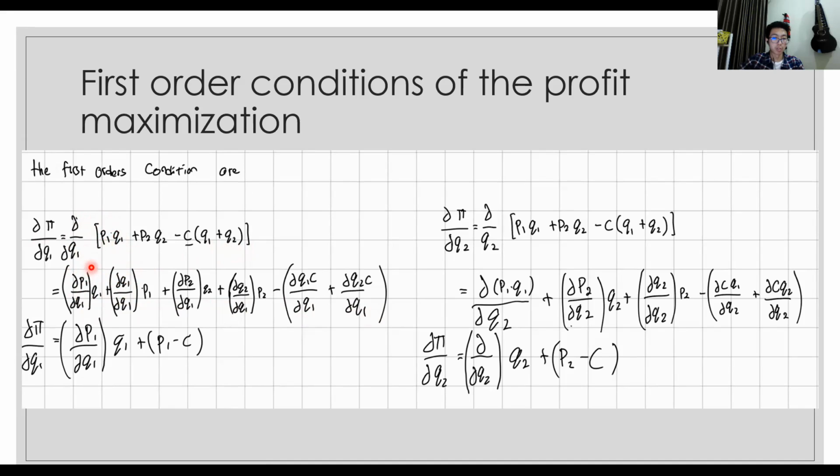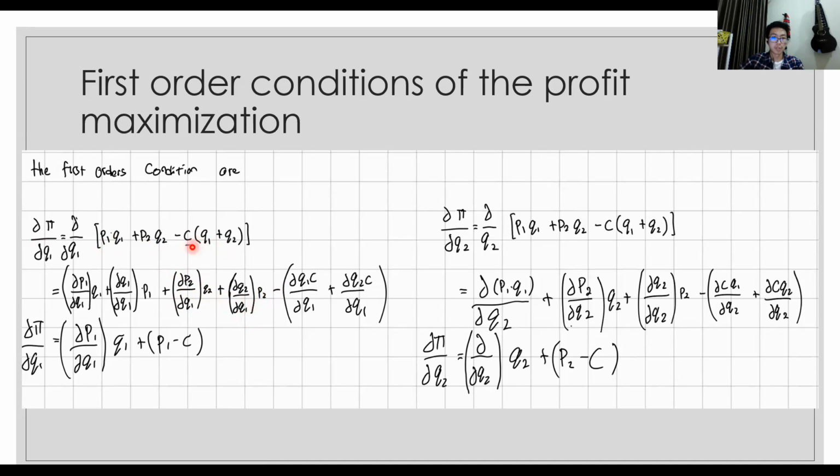So it's the other way around; we take turns multiplying it. Then plus, right here, we go to P2. Sorry, not P1 here. So the partial of P2 over the partial of Q1 times Q2, plus the partial of Q2 over the partial of Q1 times P2.